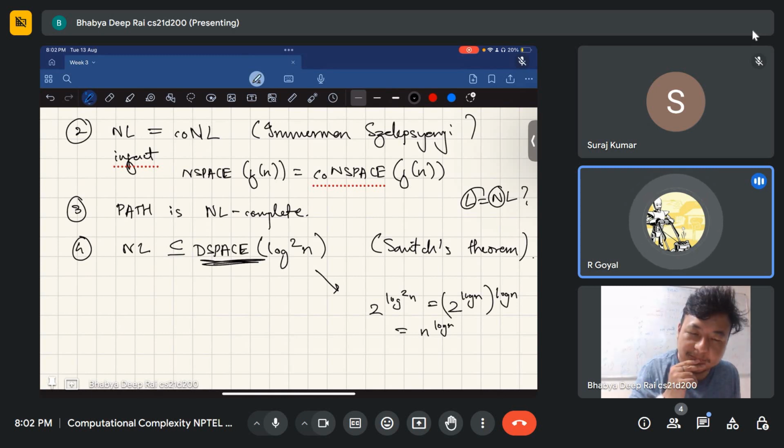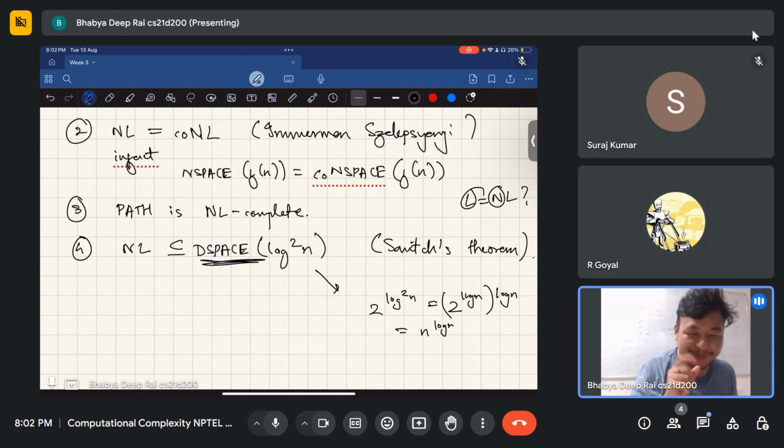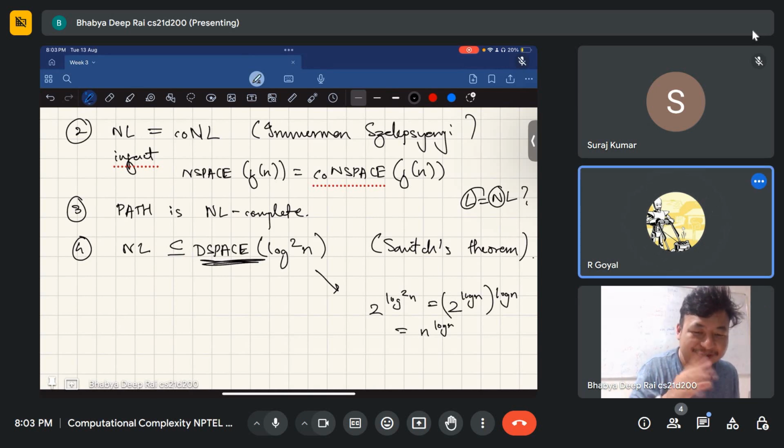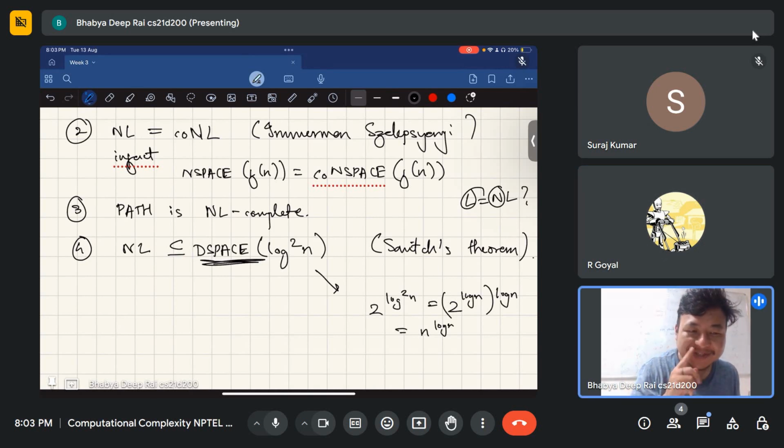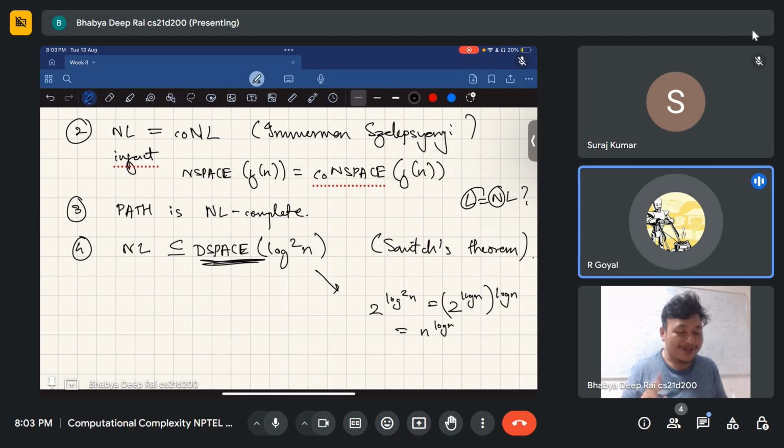Yes, but then there would be some quantity wherein this log n would be smaller. No, this is not polynomial, right? Polynomial means n to the constant. But this is n to some function which is not decreasing. So n to the log n is not polynomial.